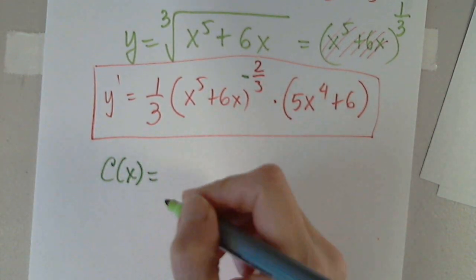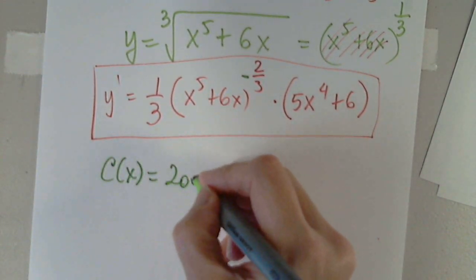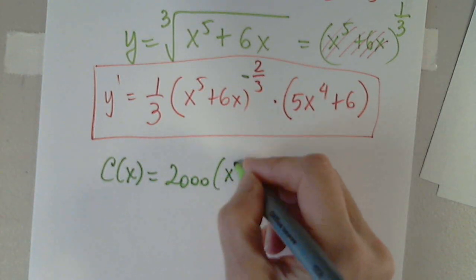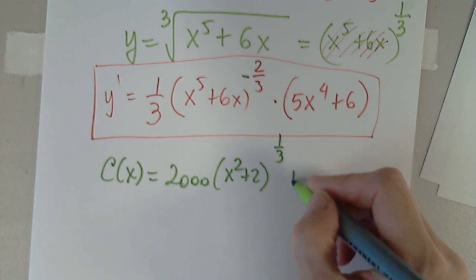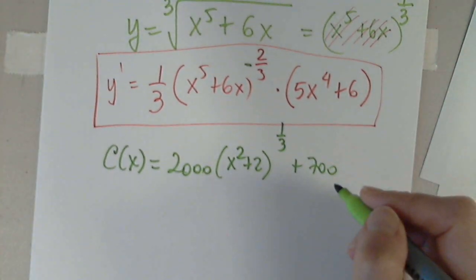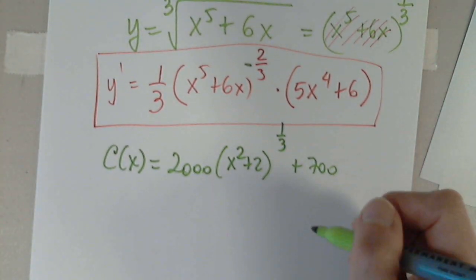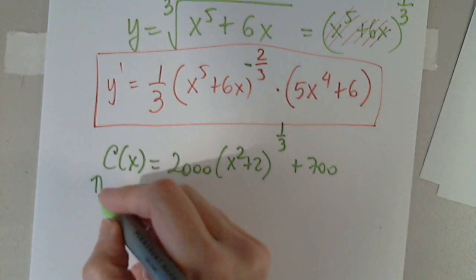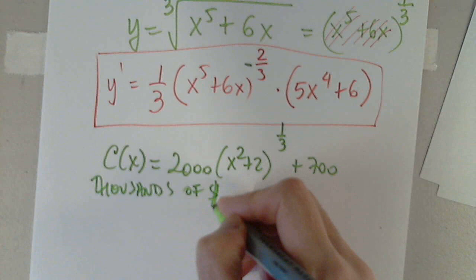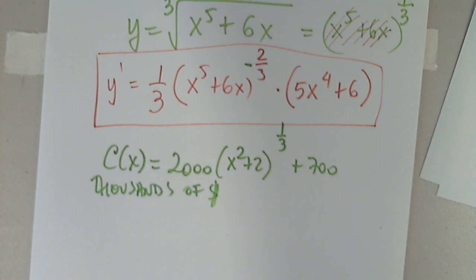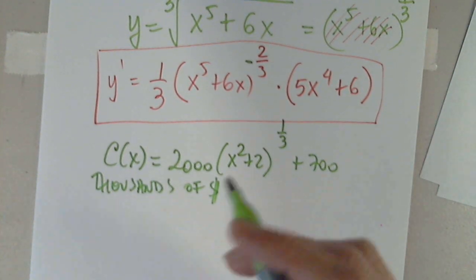So we're given a cost function, which is 2000 times (x squared plus 2) raised to 1/3, plus 700, where C of x is the total cost in thousands of dollars of producing x units.